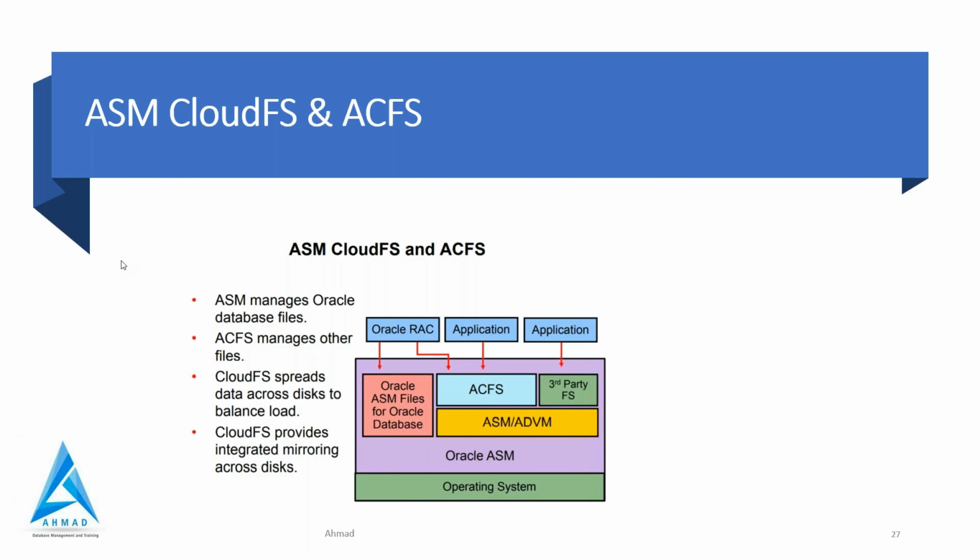So ASM Cloud FS works for private cloud. It delivers a cloud infrastructure that provides network access, rapid elasticity, and provisioning for pooled storage resources, which are key requirements for cloud computing customers.